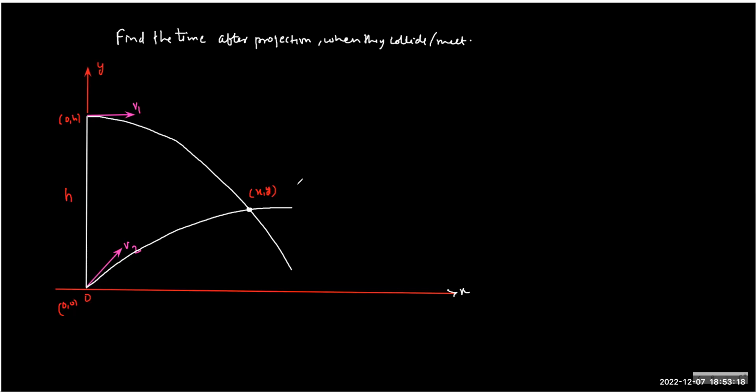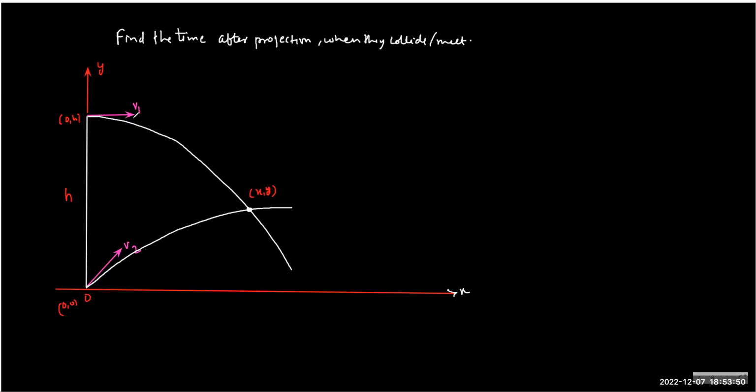Sir, I'm not getting how to solve this. So you can see that both the particles will have the same x coordinate at the time of meeting. Yes or no? Yes. You know the x coordinate of each particle in the beginning. So can you find the x coordinate of the same particle after time t? Using the kinematical equation.